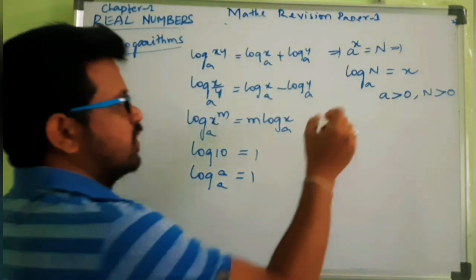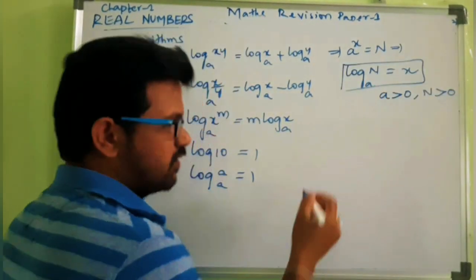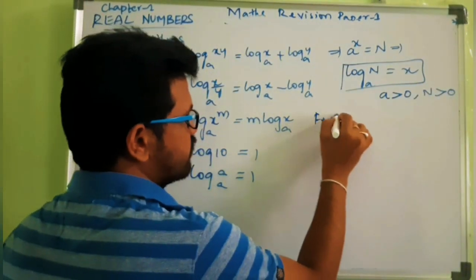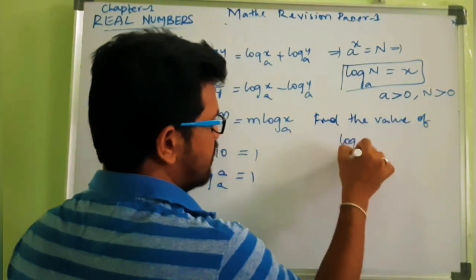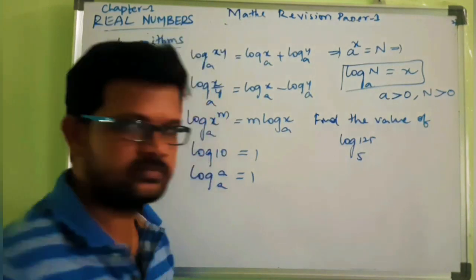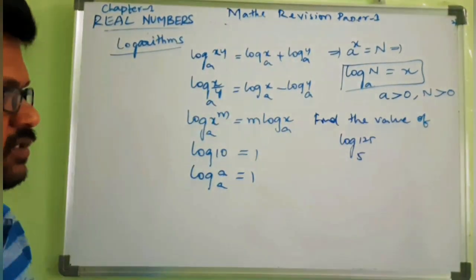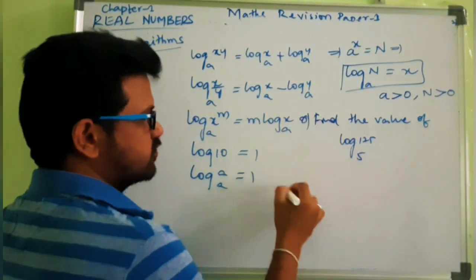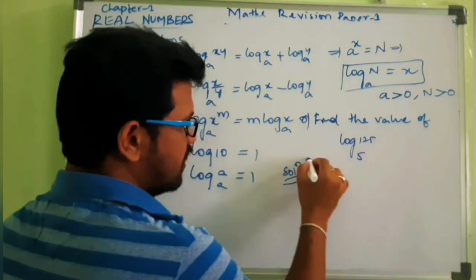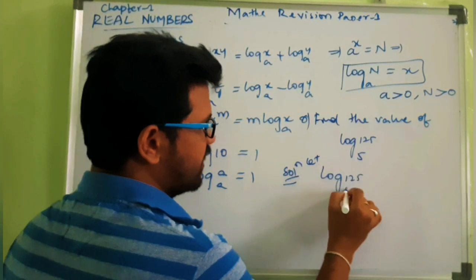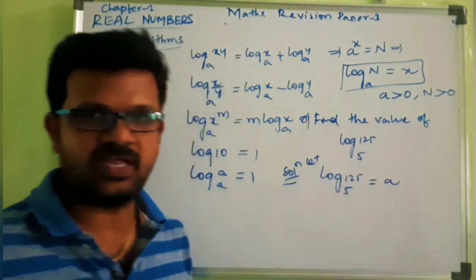Right. So any question if they give, for example, find the value of log of 125 to the base 5. The question is like this. So how to find this? Solution: let log of 125 to the base 5, that value is a.